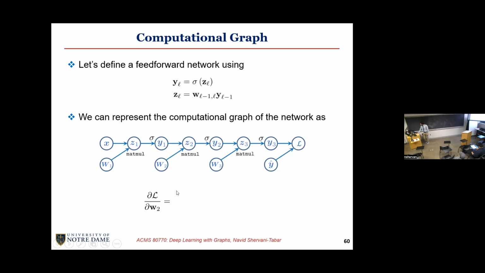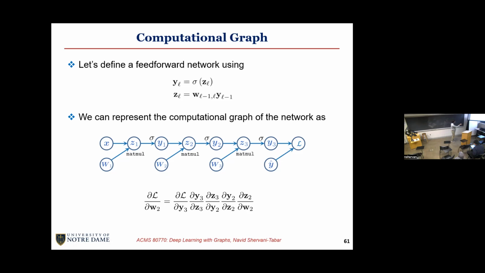I'm going to say that the derivative of our loss function with respect to W2 is equal to the derivative of L with respect to Y3 times the derivative of Y3 with respect to Z3 times the derivative of Z3 with respect to Y2 times the derivative of Y2 with respect to Z2, and that times the derivative of Z2 with respect to W2. And that's going to give me a relation based upon the chain rule that I can use to compute the derivative of my loss function with every variable that I have here.